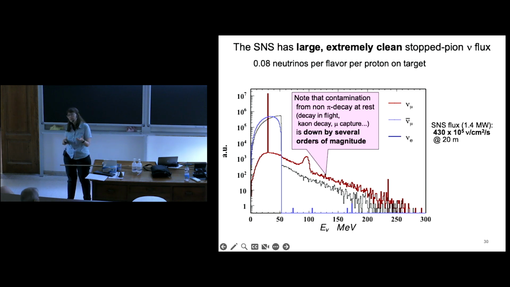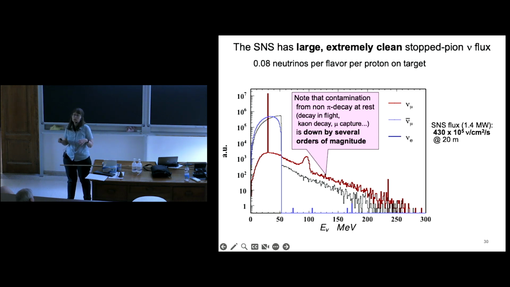There are some stopped pion facilities, for instance MLF at J-PARC, which has 3 GeV protons, and they have much more of this stuff, by some orders of magnitude. In fact, they have quite a bit of this KDAR peak there.